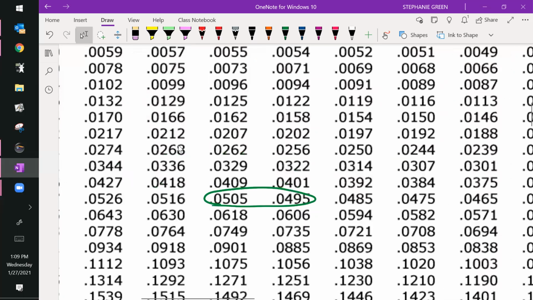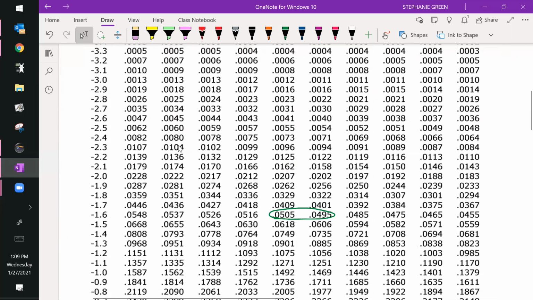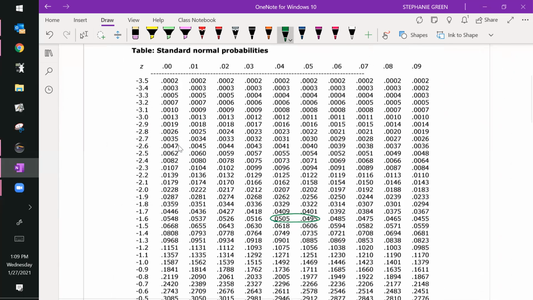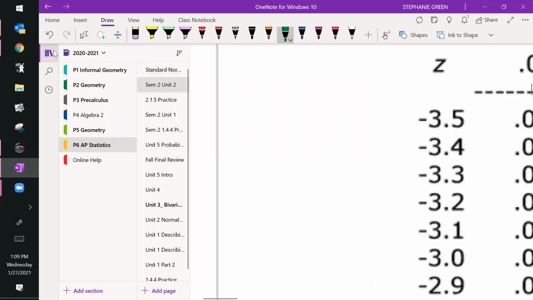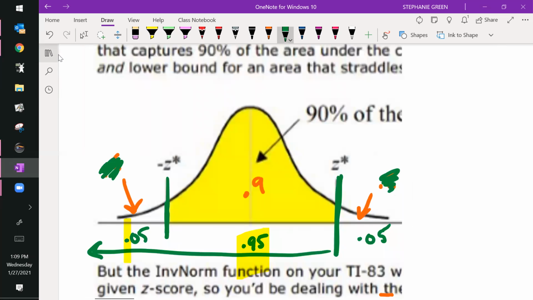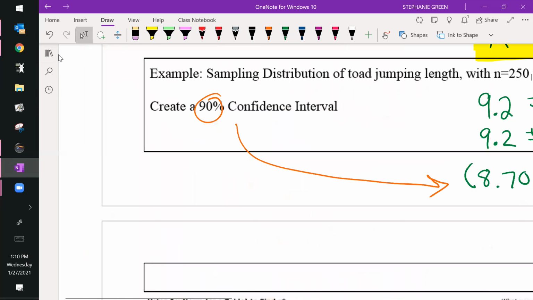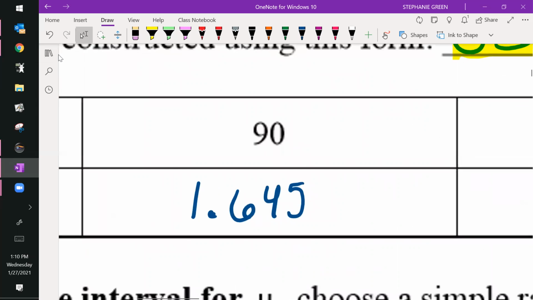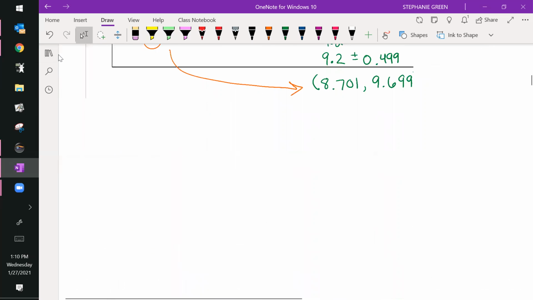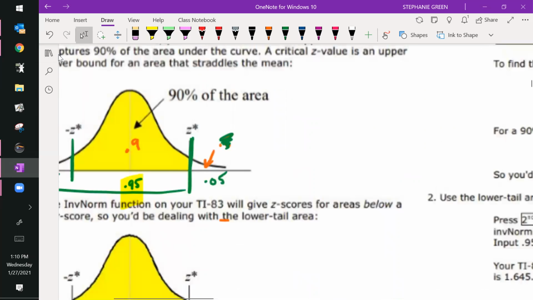So if I zoom out, we can see what that Z value actually is. It looks like it's negative 1.6 between those two. So negative 1.645, which is exactly what I said it would be. Negative 1.645. And now, again, the upper boundary of that, the positive Z star, should be positive 1.645.